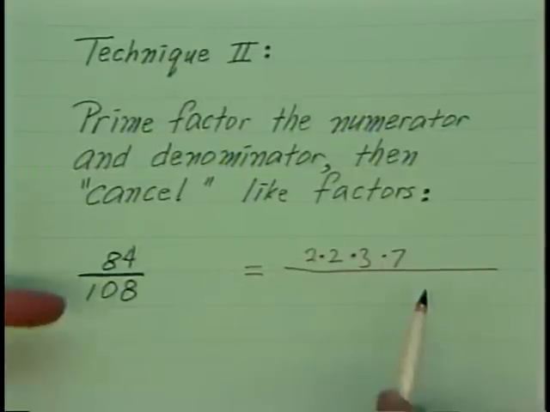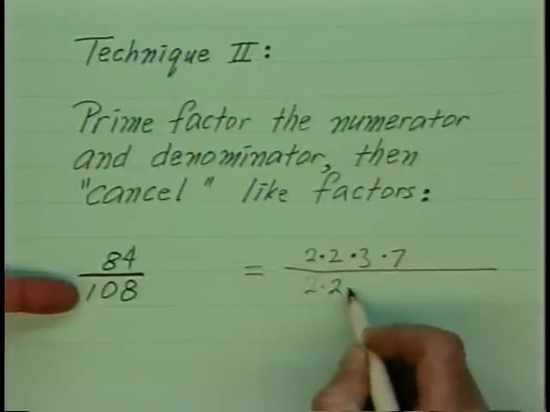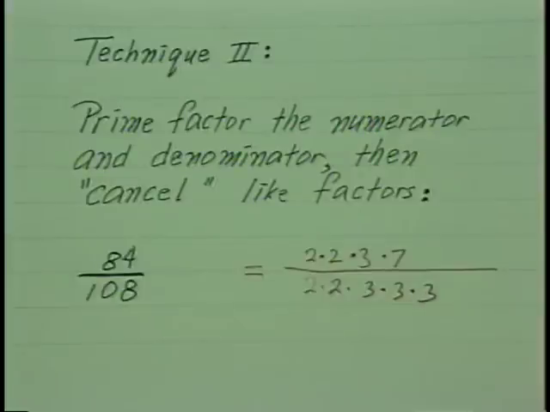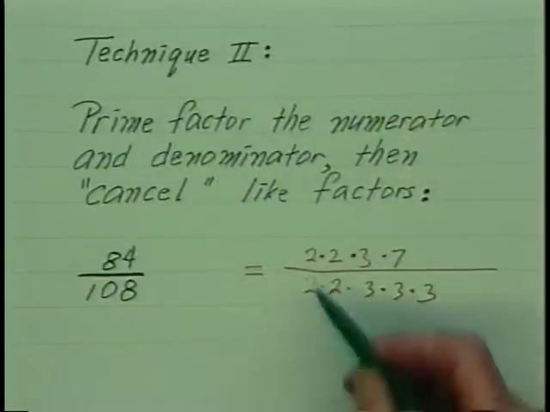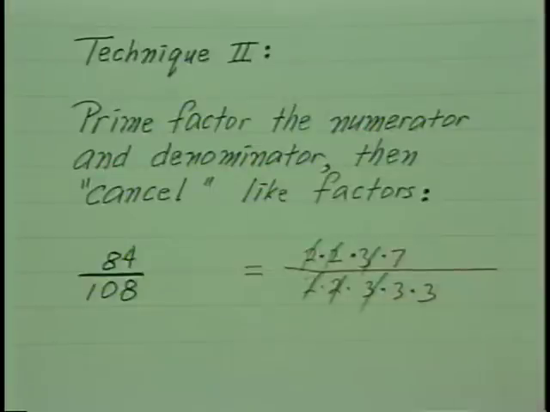And in like manner, if you prime factor the bottom, you would get 2 times 2 times 3 times 3 times 3. Then having prime factored top and bottom, all you need to do is to cancel the like factors.